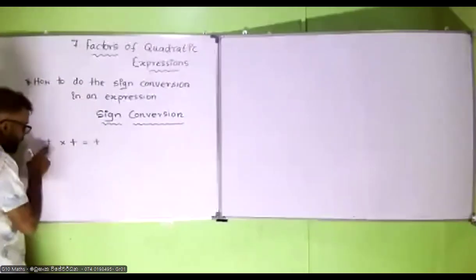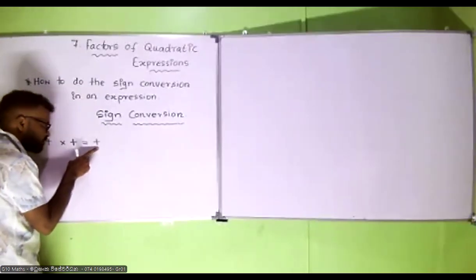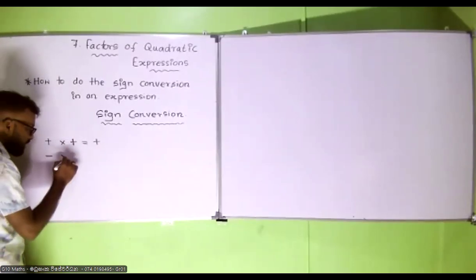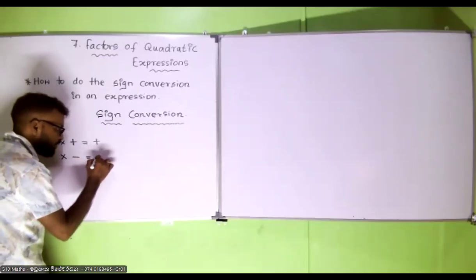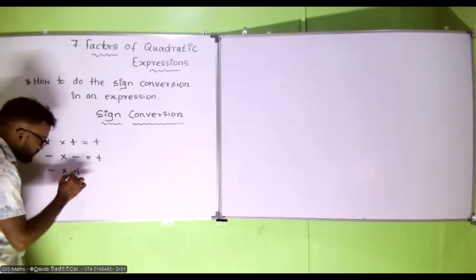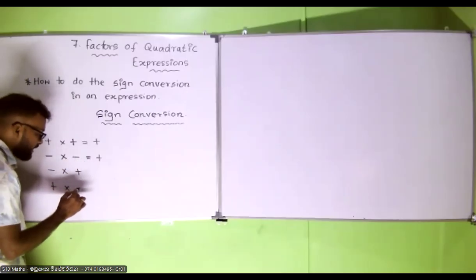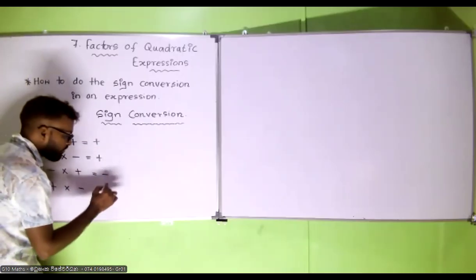Positive number multiplied by a positive number gives a positive number. You know this already. Negative number multiplied by a negative number, the result will be a positive number. Negative number multiplied by a positive number, and vice versa, positive number multiplied by a negative number, the result will be a negative number for both.